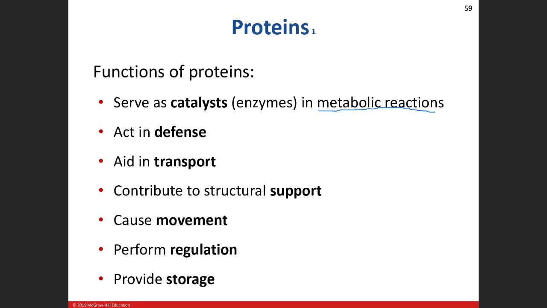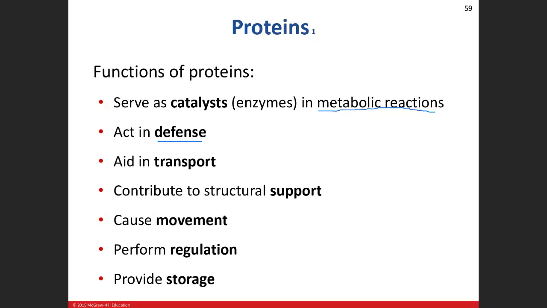They also help with defense, and what that means is when we're talking about antibodies, for example, and we've been hearing a lot about antibodies, especially with the coronavirus. These proteins act in the formation of antibodies, and there are several different classifications for antibodies. They also help with transport. How do we get things in and out of cells, or how do we move things within the cells? They help with transport. Also structural support.